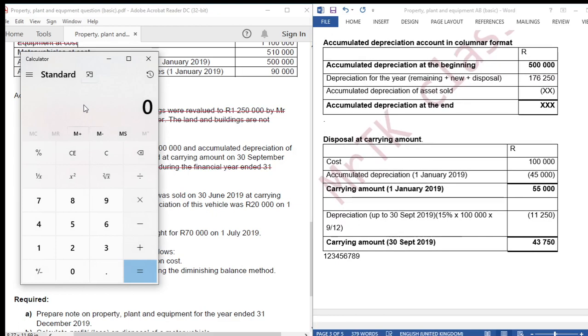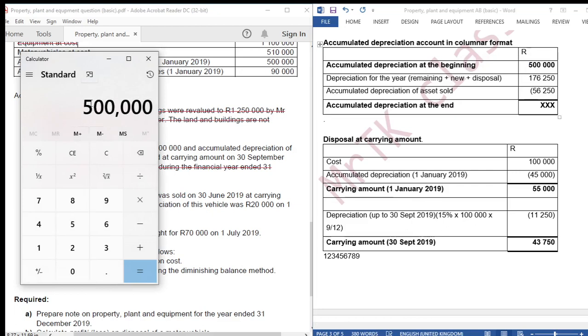All right, we are going to say 45,000 plus, because it was sold on 30 September 2019. So we need to add this. This is accumulated depreciation on 1 January 2019. So we need to add depreciation up to 30 September 2019. We are going to add 11,250. We are going to get 56,250. Okay.